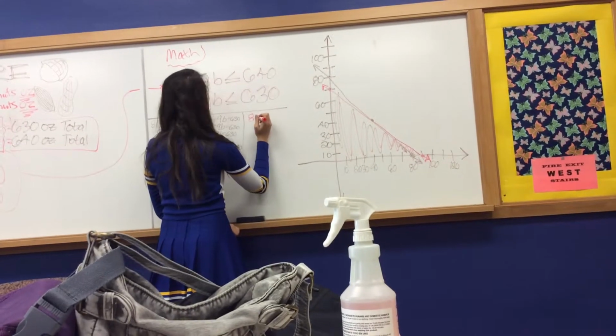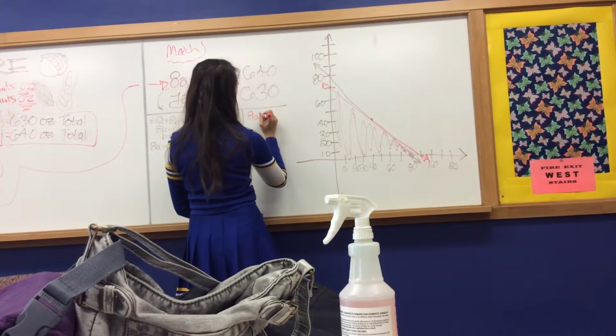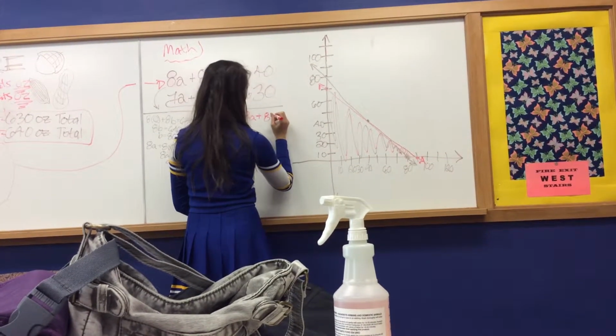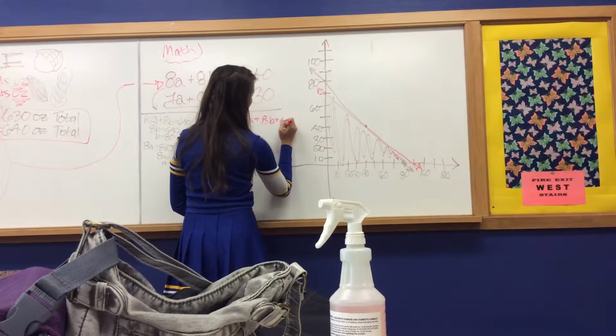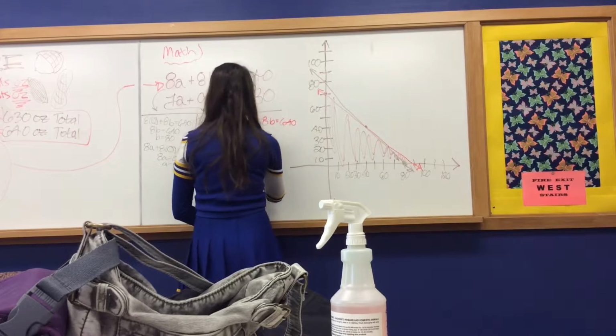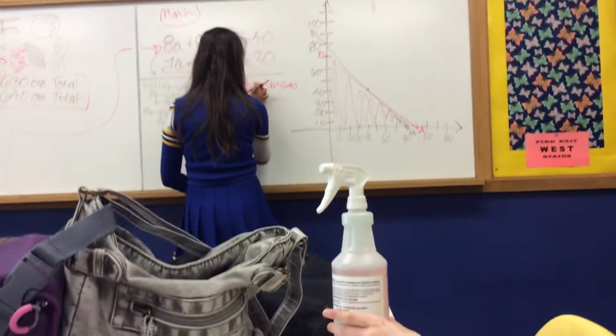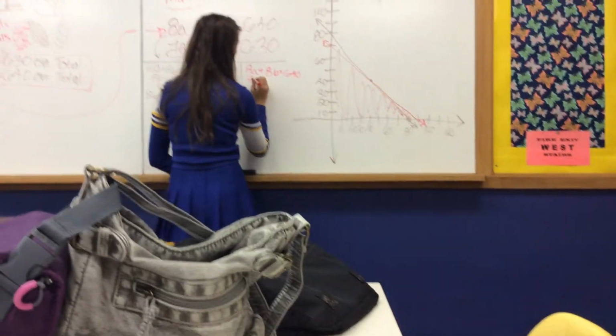In order to do that, we're going to use elimination so that we can find the point of intersection. And in order to do that, we need these equations to be right next to each other, like this.